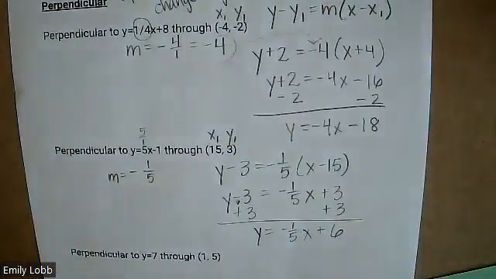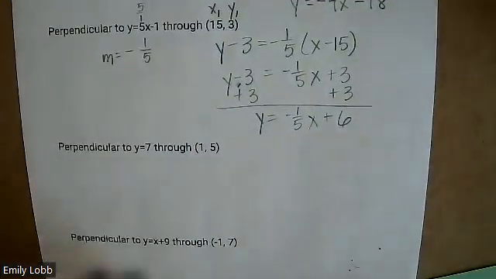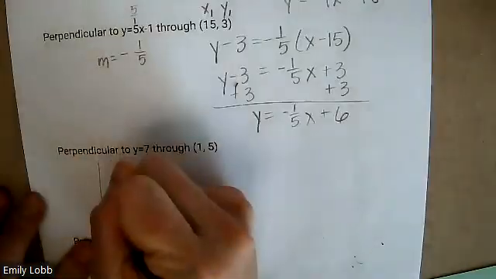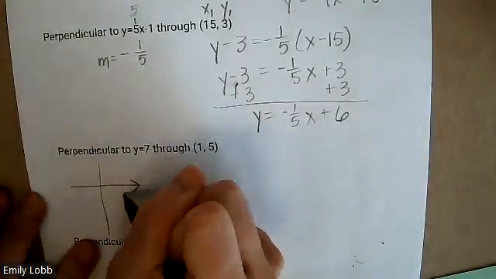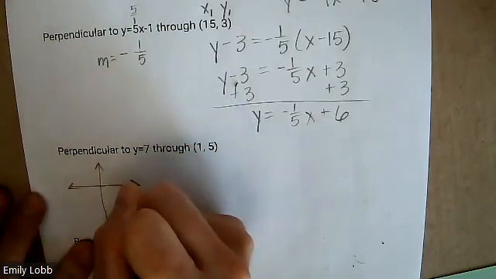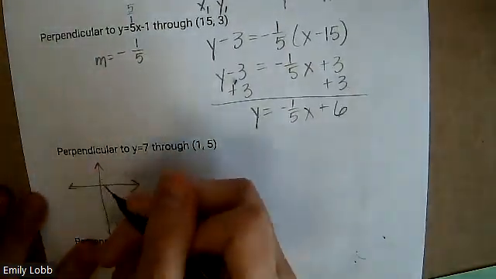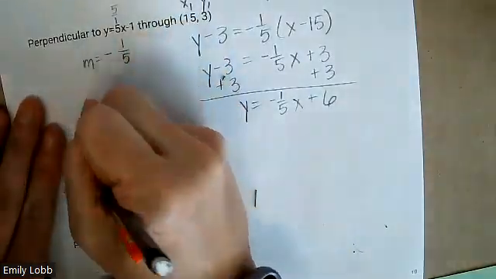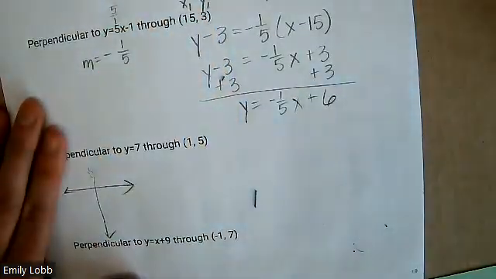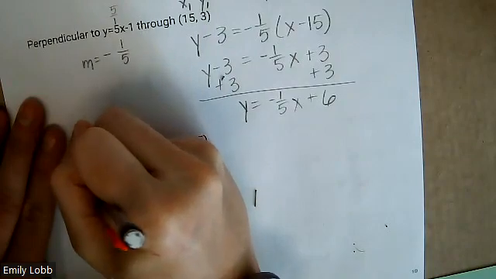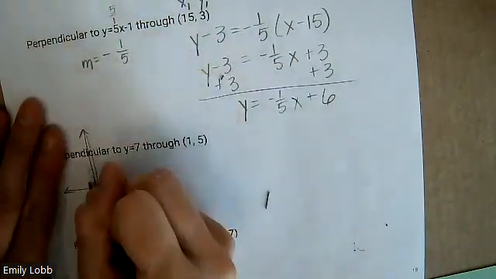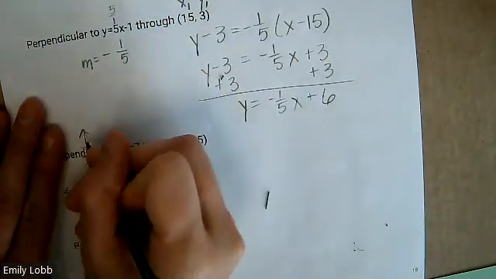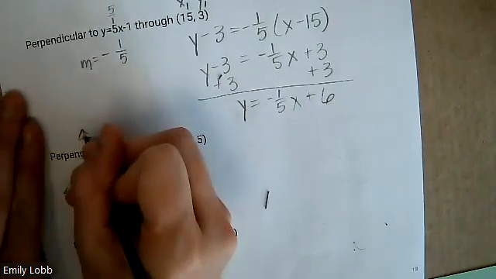And here is one that we have to think through. So y equals, oh, I did it the wrong way. I was thinking negative 7. So y equals 7 is going to be 1, 2, 3, 4, 5, 6, 7, right?